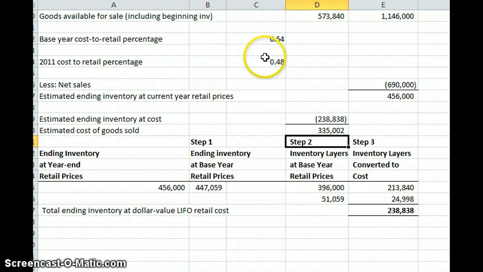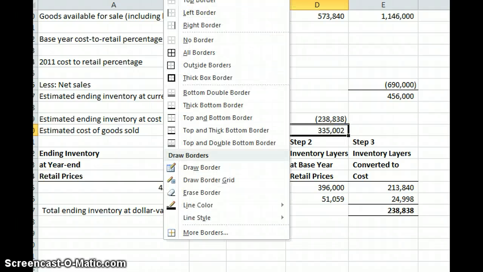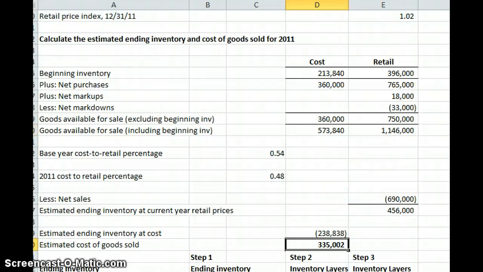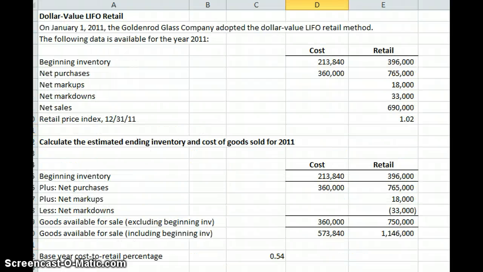There we go, 335,002 is indeed our cost of goods sold. Our estimated cost of goods sold using dollar value LIFO retail.